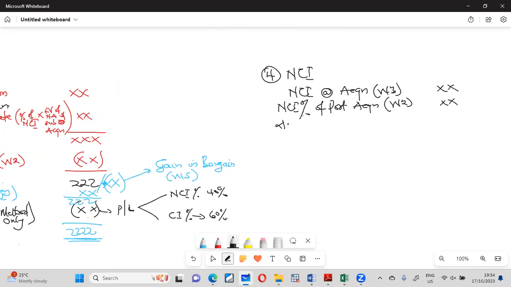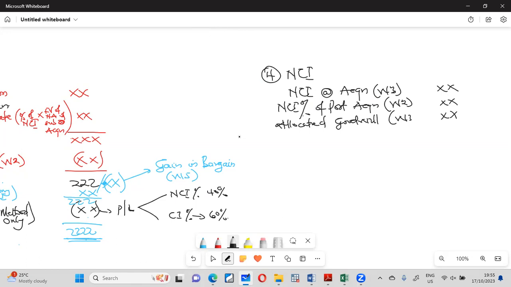Then if there is any allocated goodwill to the NCI, which we saw in your workings 3, you add that one too. So we've done the NCI share of post-acquisition.